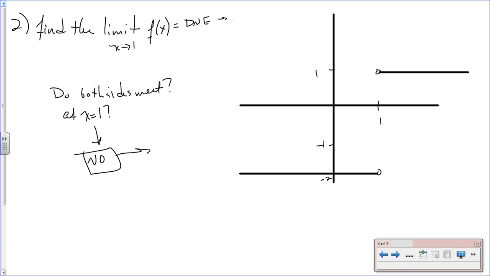Or, as I like to say, our limit has no soul, or no solution. Because if you had somebody standing here walking along the graph, and somebody standing over here walking along the graph, this person would end up here, and this person would end up here. They are not at the same place, so the limit does not exist or has no soul.